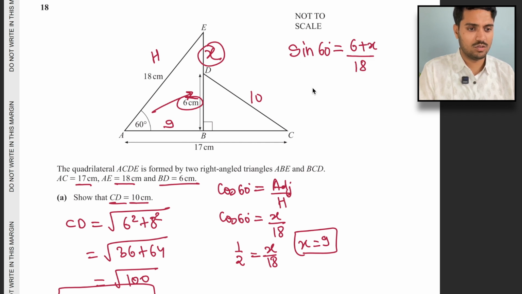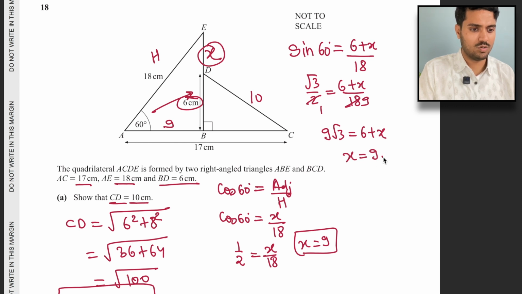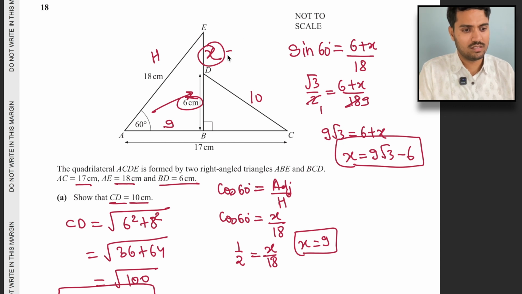So sine 60, root 3 by 2, is equal to 6 plus x upon 18. 2 ones are 2, 2 nines are 18. So we can write now 9 root 3 equals 6 plus x. So x is equal to 9 root 3 minus 6. That's the value of x.